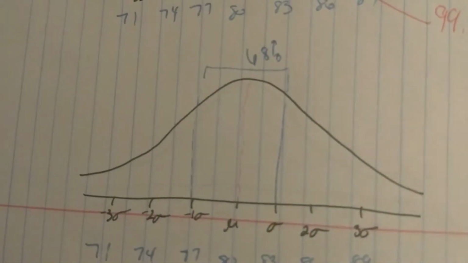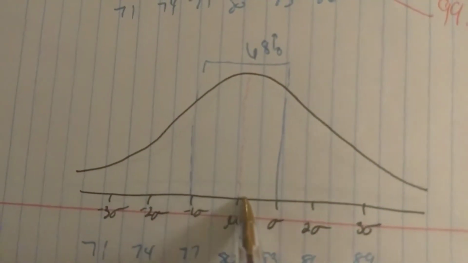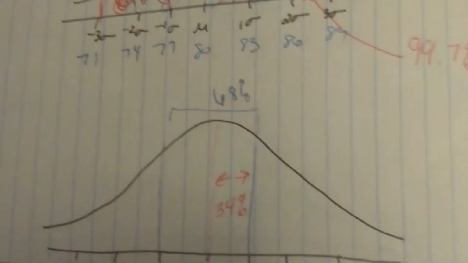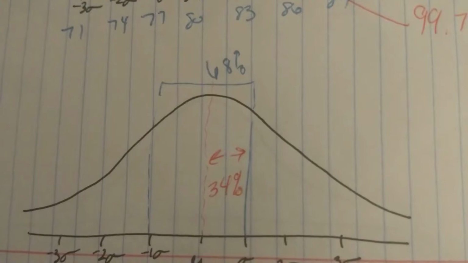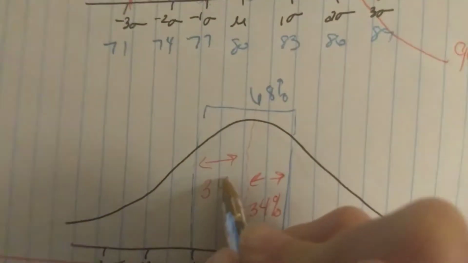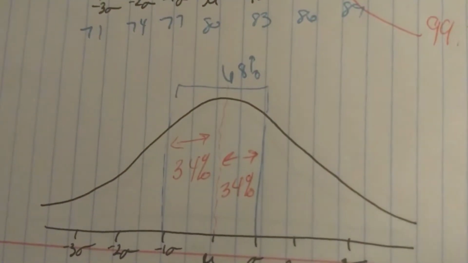Well, if all of that is 68%, what percent is from here over? From here to here, that will be half of 68%, which is 34%. Likewise, from here to here, we have another 34%.